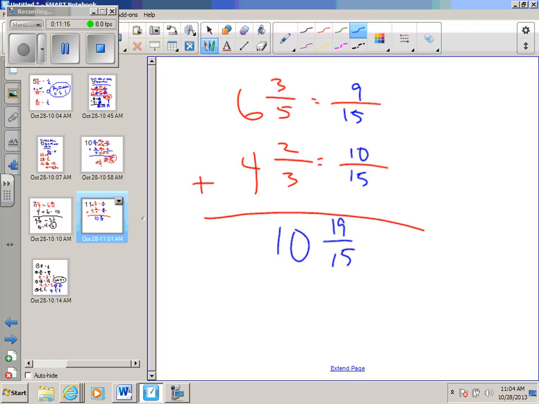Michaela? Simplest form? 4/15? Good stuff? I know you're at a 3 instead of a 4. Did you have the 19? Your subtraction was off.